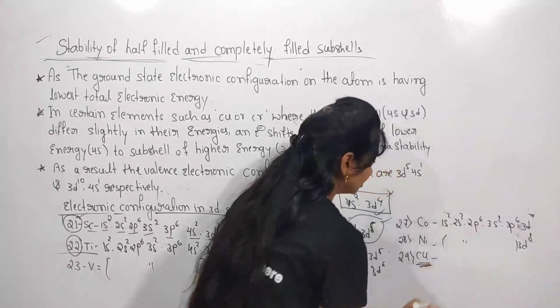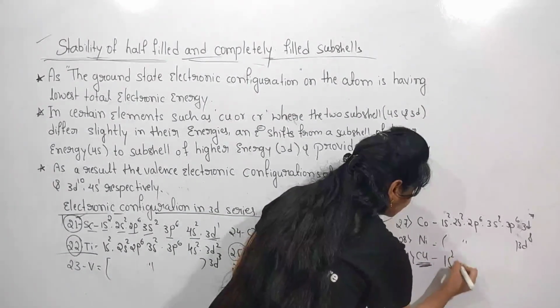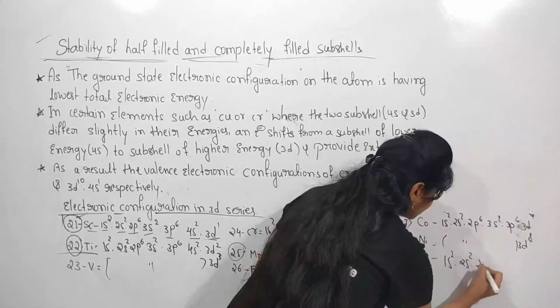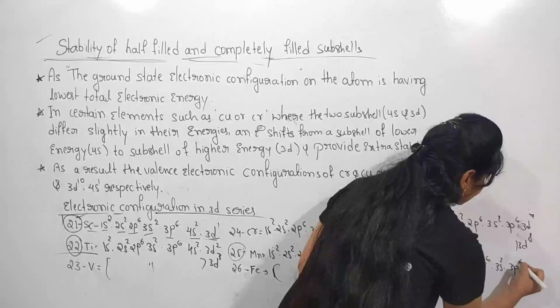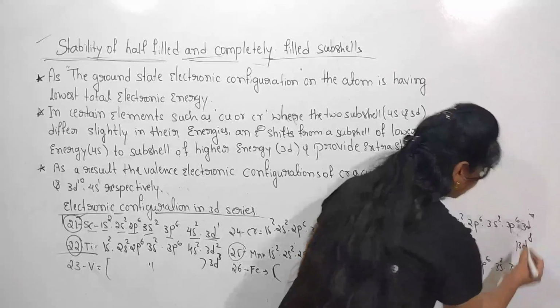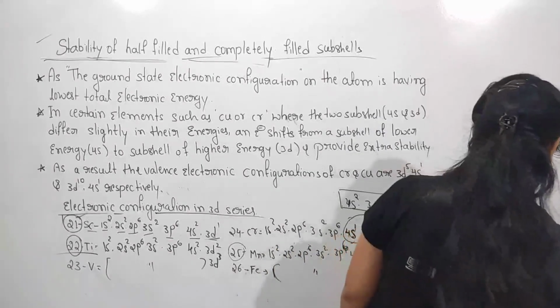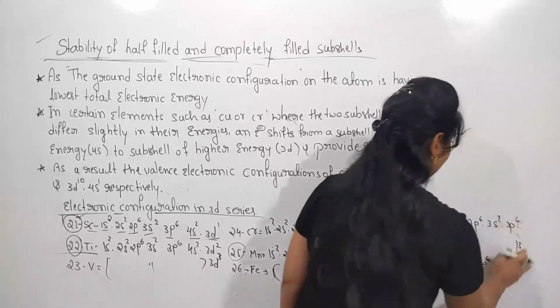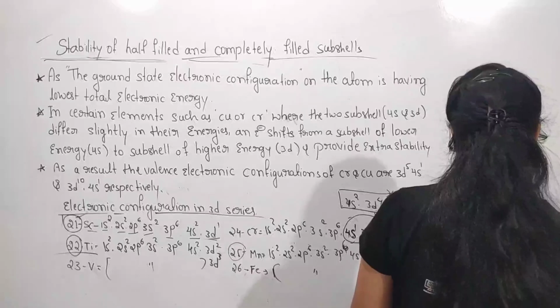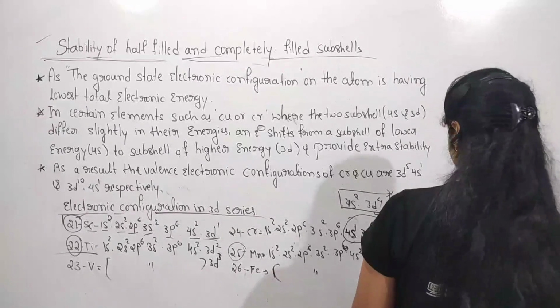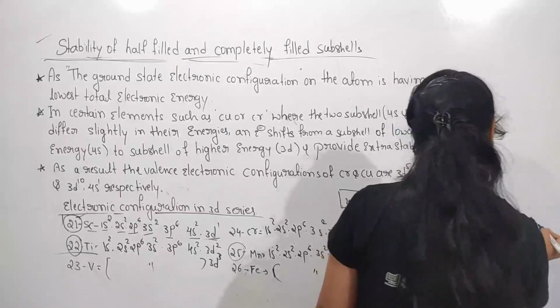Next, what happens in copper? See here: 1s2, 2s2, 2p6, 3s2, 3p6, sorry, I forgot to write the 4s2 here. 4s2, 3d7.